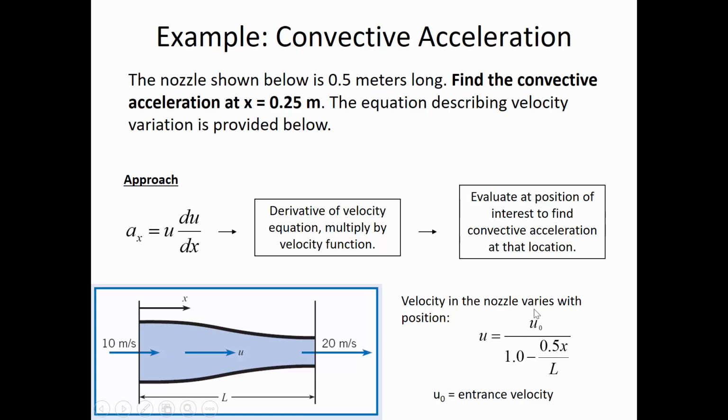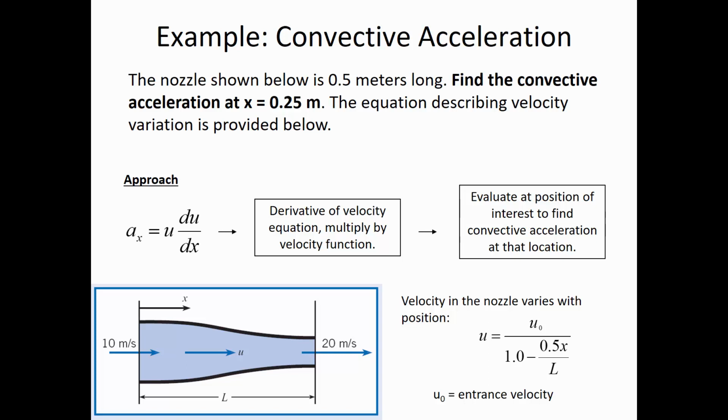So here's our function that describes the velocity, and what we're going to do is apply the chain rule to find out the convective acceleration at the midpoint. So we want to find out, for a given velocity, what is du dx.